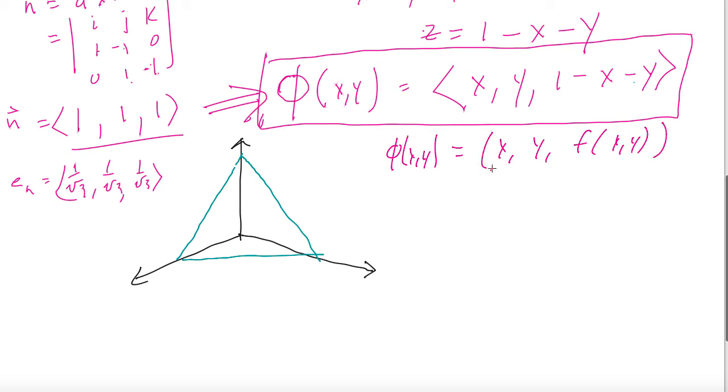That means this is going to be our D. So D comes from x and y, and then f is the actual surface because it's the function of x and y. So our domain is in x and y. In the last example that we just did, our domain was in x and z because the y was a function of x and z. So this triangle down here is our D.